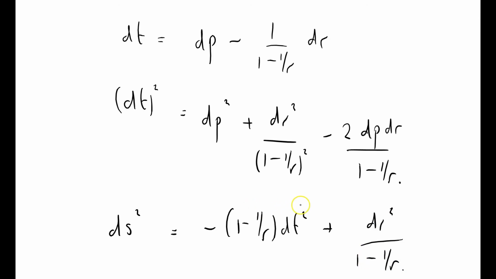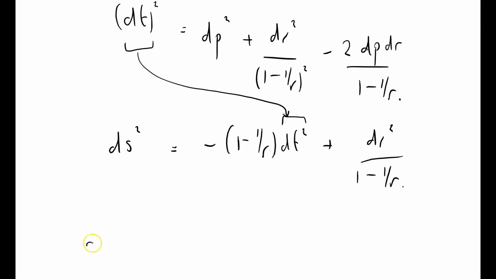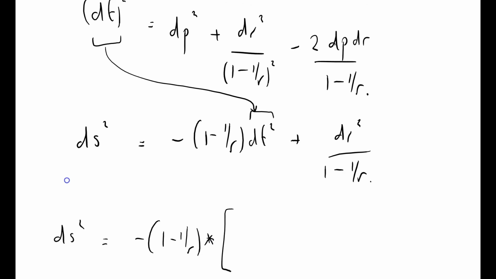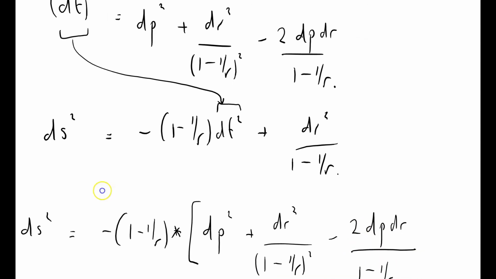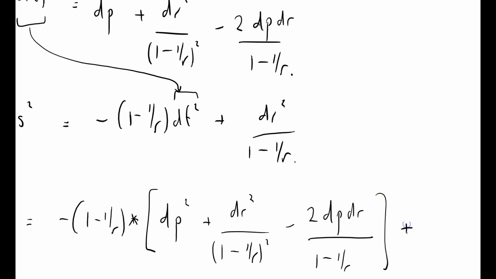I'm just going to substitute for dt squared, and I've got that here, and see what happens. ds squared equals minus (1 minus 1 over r) times dt squared, which equals dp squared plus dr squared over (1 minus 1 over r) squared, minus the cross terms, 2 dp dr over (1 minus 1 over r), plus this term that was here all along, dr squared over (1 minus 1 over r).